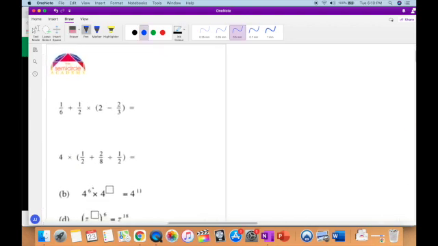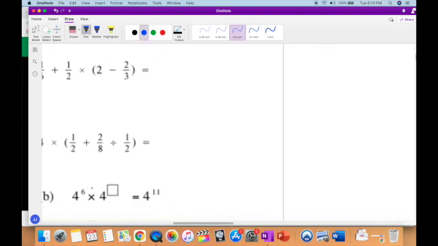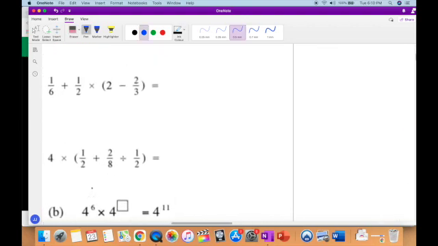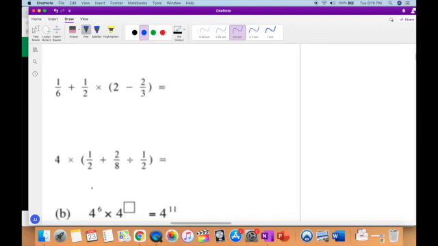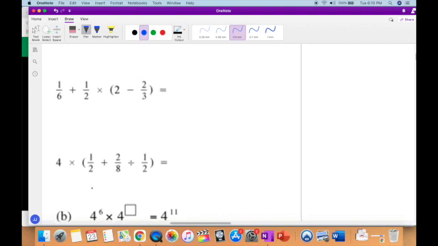We're starting off with some simple computations, and we can see here that we have some fractions, and we're also dealing with BODMAS, right? With BODMAS, we know that we have to tackle brackets first. In the brackets here, we have 2 minus 2 on 3.